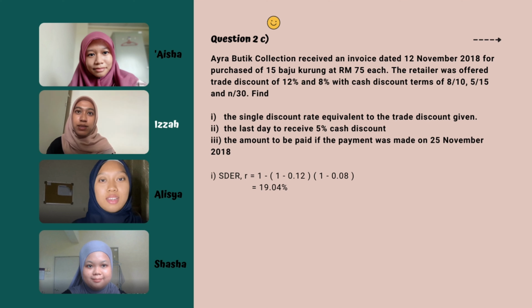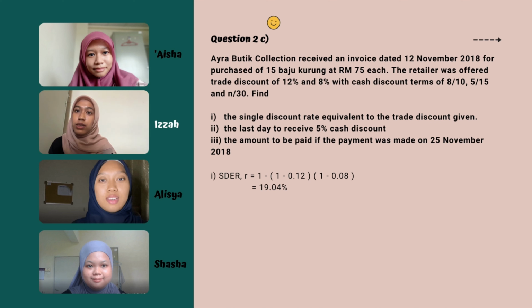For the first question, the single discount rate equivalent to the trade discount. As we know, the equivalent rate has its own formula, which is R equals 1 minus (1 minus R1)(1 minus R2). For this question, our R values are 12% and 8%.